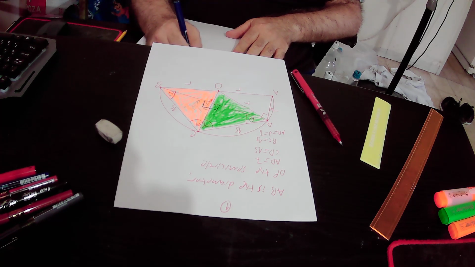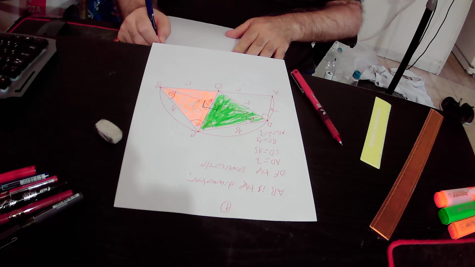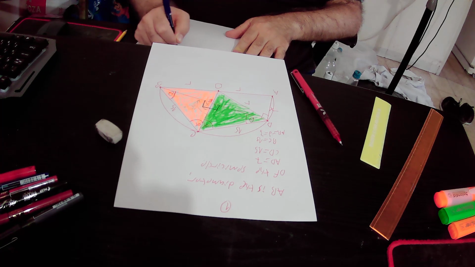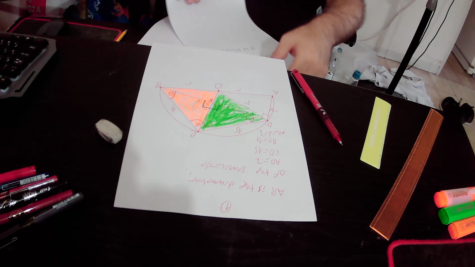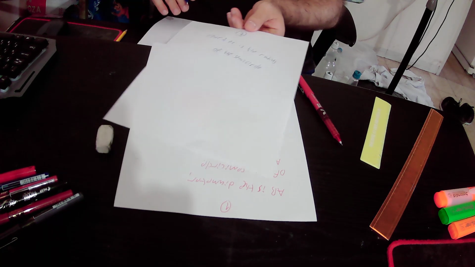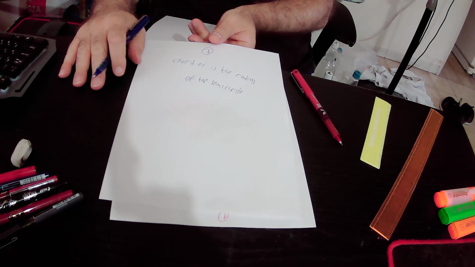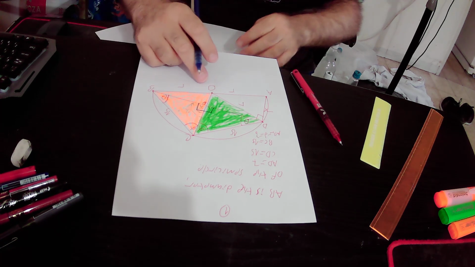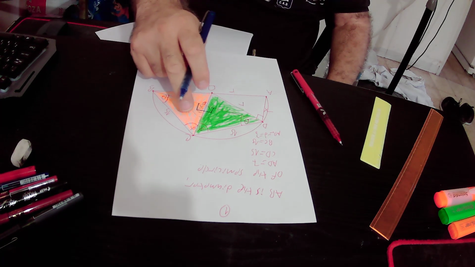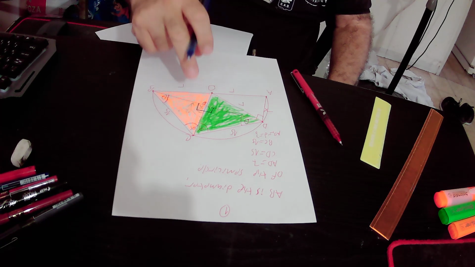Chord OC is the radius of this semicircle, because it starts from the center of the circle and ends at point C, which is a point of the circle itself.